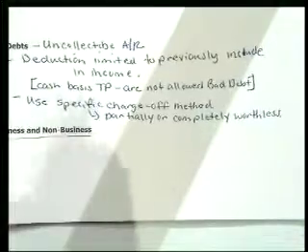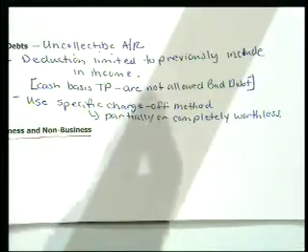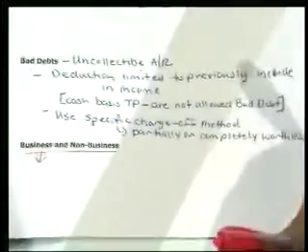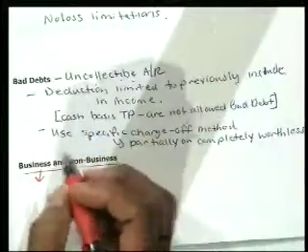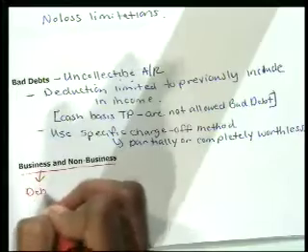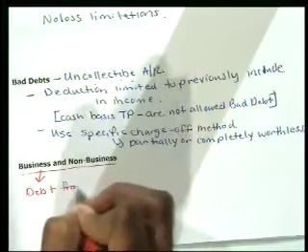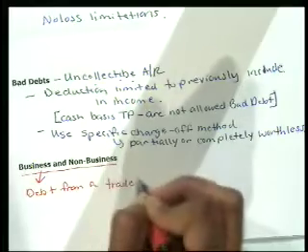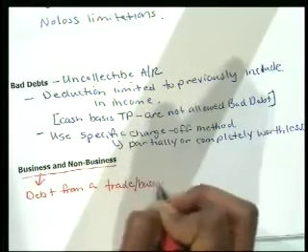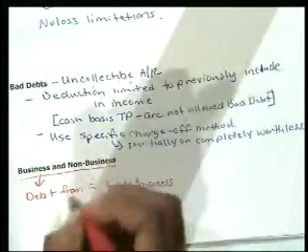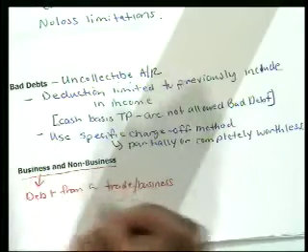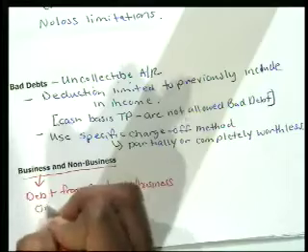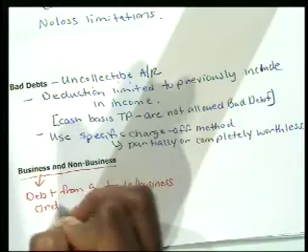Okay, so next we have the business versus the non-business portion of that. The business versus the non-business portion of that. The business, okay, the business portion of that is any debt from a trade or business. Okay, and so when we're talking about a debt from a trade or business, similar to what we were talking about up here, this is an ordinary deduction.